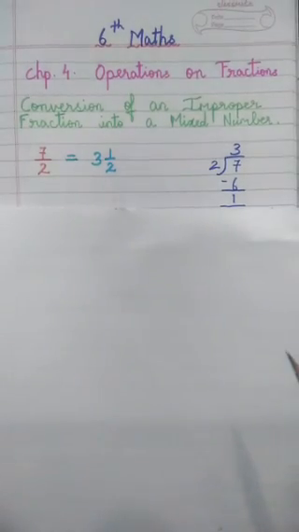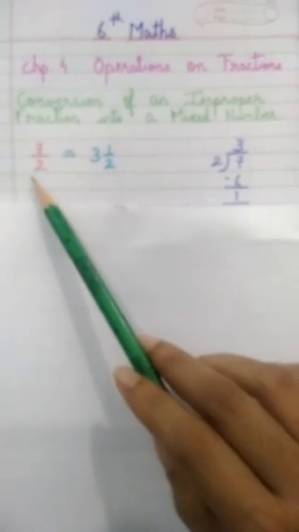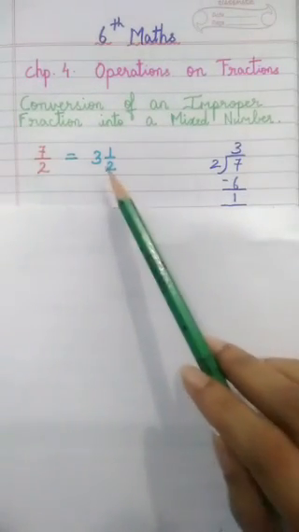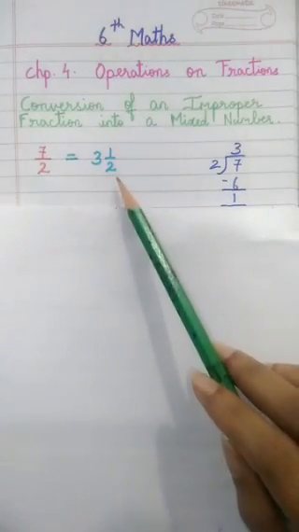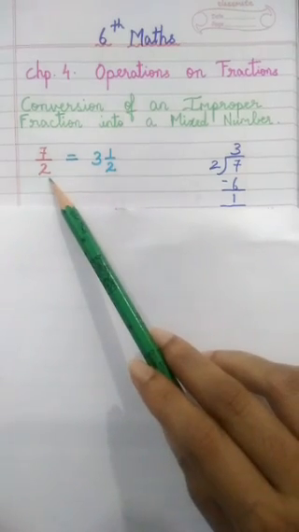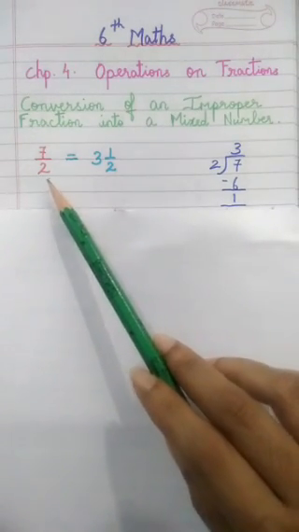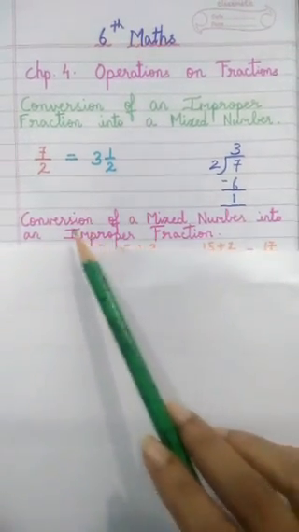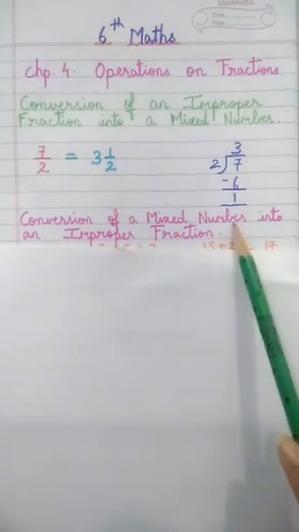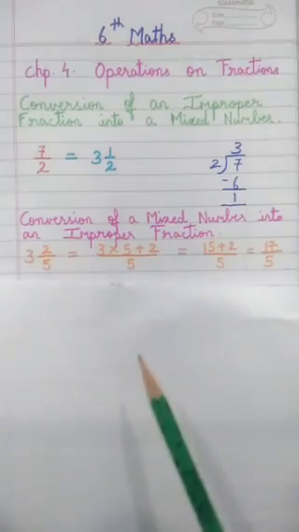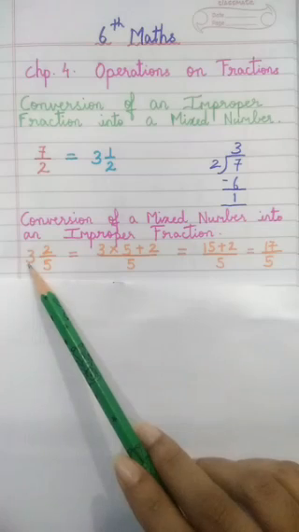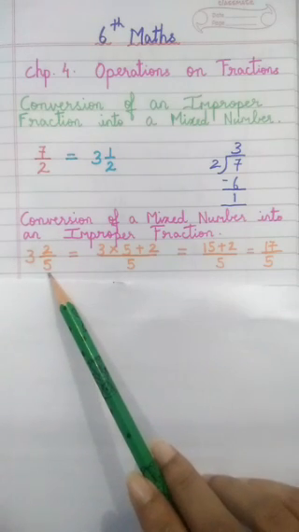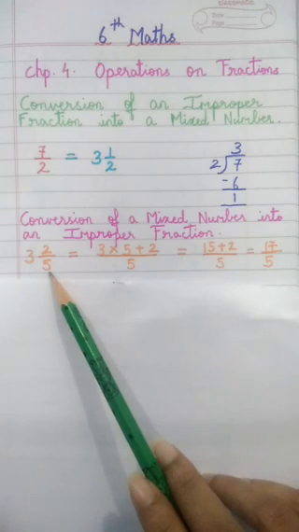So now we have learned how to convert an improper fraction into a mixed number. So can we convert a mixed number into an improper fraction? Yes. So let's learn conversion of a mixed number into an improper fraction. A simple example, 3 2 upon 5 is a mixed number, and if we have to convert it into an improper fraction, what do we do?